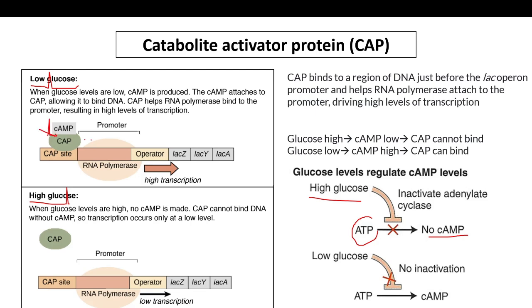What is important is that for CAP to bind to the CAP binding site, cyclic AMP should first bind to CAP, and only then will CAP get activated and bind to the CAP binding site. But if cyclic AMP is not present, it cannot activate CAP, and CAP cannot bind to the CAP binding site.